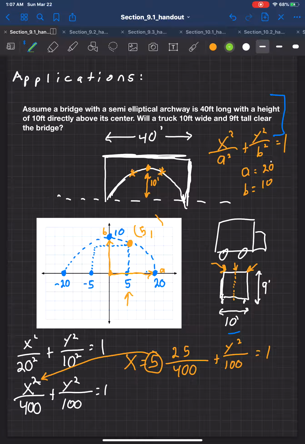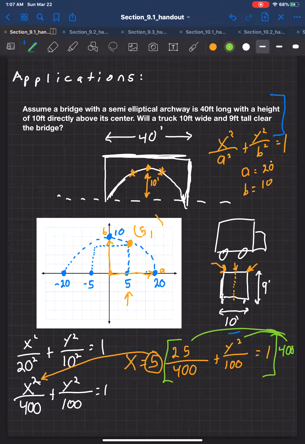So let's go ahead and do that. I can solve this for y easily if I get rid of these fractions, right? I can always just multiply both sides of the equation by the least common denominator. That'll get rid of my fractions. You don't have to do it this way, but this is the way I'm going to do it. So ready? You can imagine me distributing a 400 to both sides of the equation.